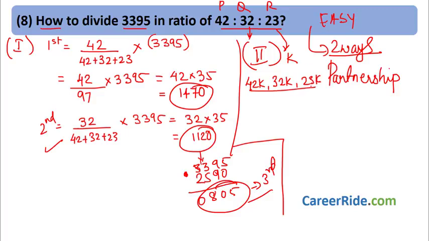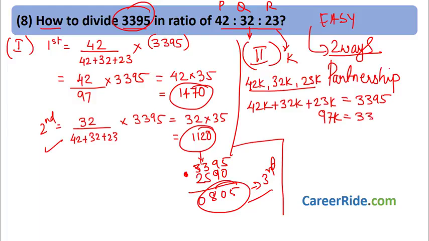These are the 3 parts of 3395. That means when we add these 3 parts we get 3395. What do we get? 42k plus 32k plus 23k would be equal to 3395. 97k would be equal to 3395. k would be equal to 35.